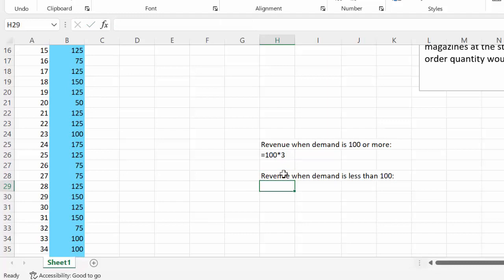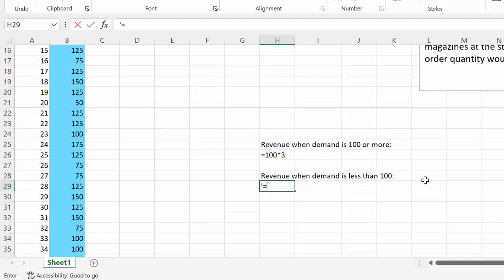there are going to be two components of money coming in: money from what you sell, and money from the reimbursement. In this case demand is less than 100, so let's say the amount sold is X, whatever this number is. In this case X can be either 75 or 50.